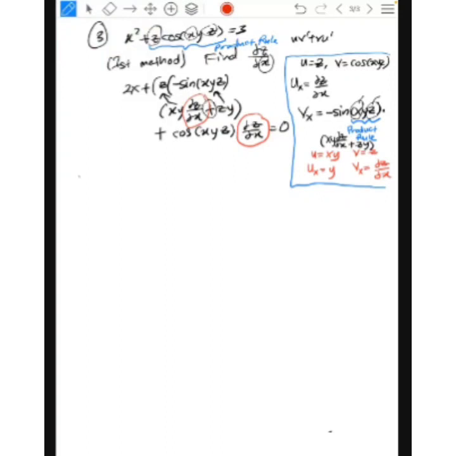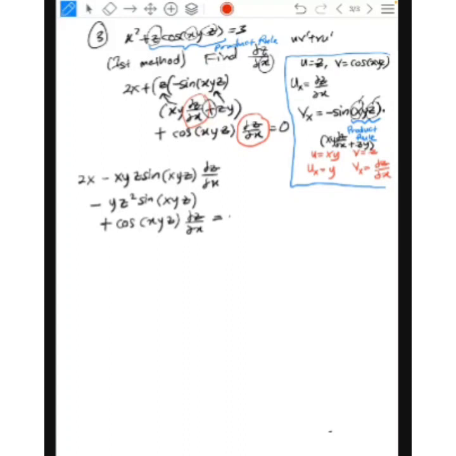Dia akan jadi 2x plus x negatif kan ni plus negatif xyz sin xyz del z del x minus yz squared sin xyz plus cos xyz del z del x equals to 0.